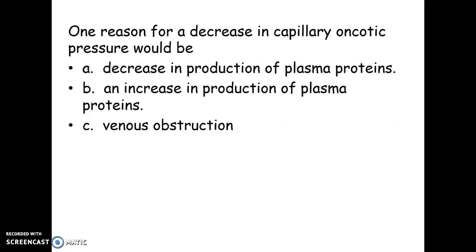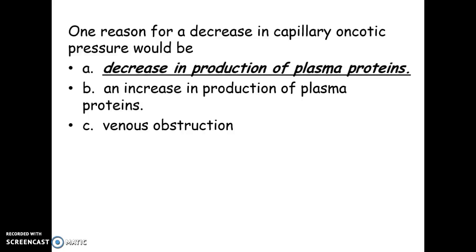All right, one reason for a decrease in capillary oncotic pressure would be a decrease in production of plasma proteins, an increase in production of plasma proteins, or venous obstruction. So what would the answer be? You're decreasing capillary oncotic pressure, which means you're losing protein. That oncotic pressure is directly related to the number of proteins in the capillary.